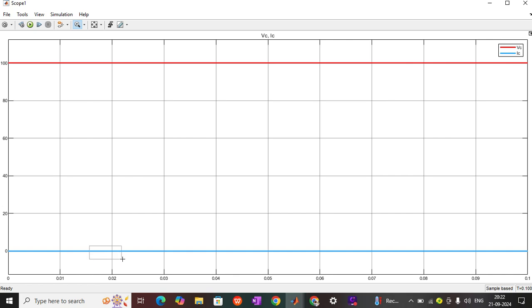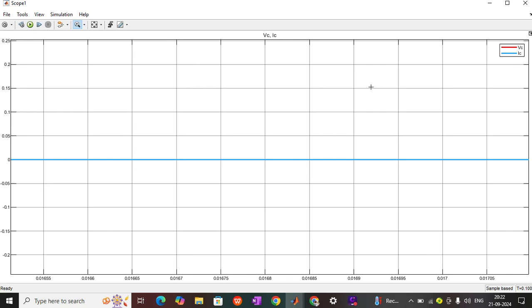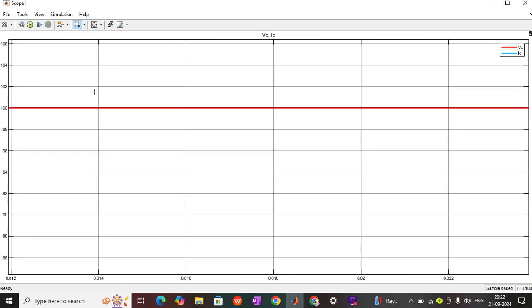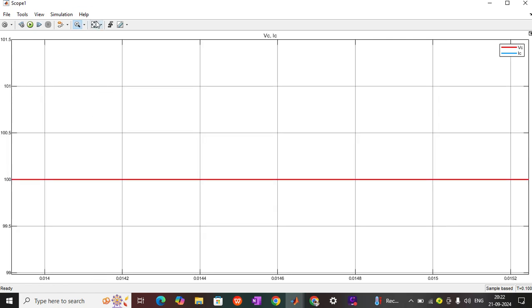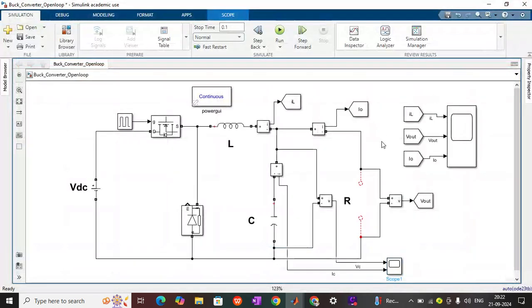And what is the current value? The current is 0. So keep this in your mind: for a buck converter, when we remove the load, whatever input we apply appears at the output capacitor, and the current is going to be 0. Okay, so this is about the buck converter. Next we will see the boost converter and similarly the buck-boost converter. There maybe we will see some changes, and we will see what those changes are.